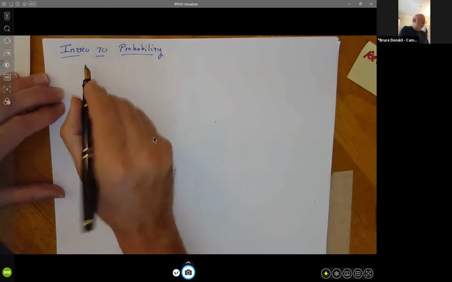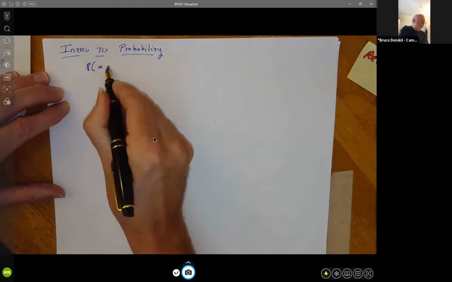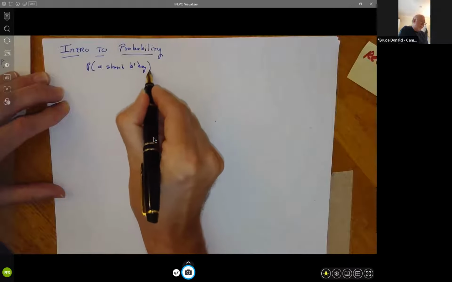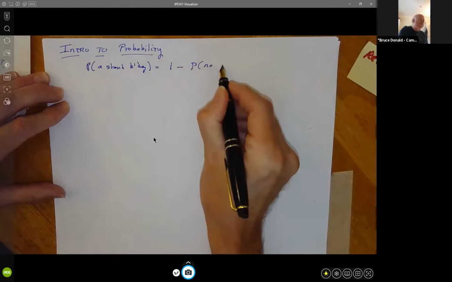So to get started here on our calculations, we could write the probability of a shared birthday. This is equal to 1 minus the probability of no shared birthday.